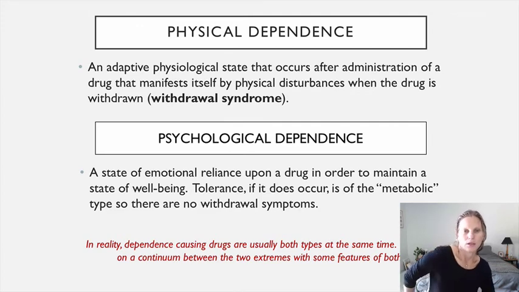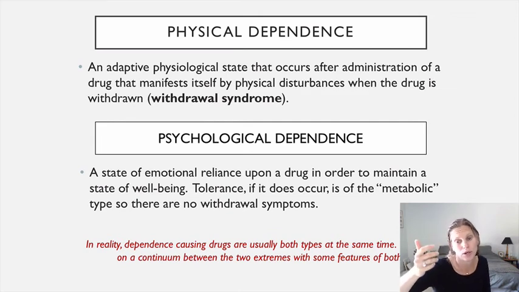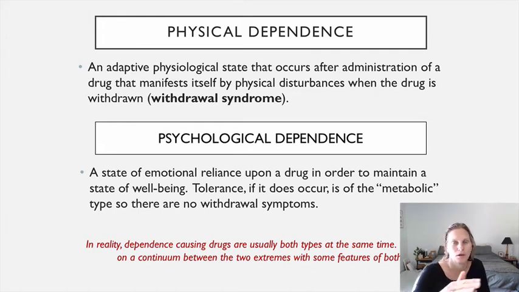So probably in most cases with most drugs, especially drugs on the schedule like 2, 3, and maybe even 4, they're most likely causing both types of dependence at the same time. So there's really a continuum of dependence, and a lot of drugs, especially those high up on the schedule, have features of both physical and psychological dependence.